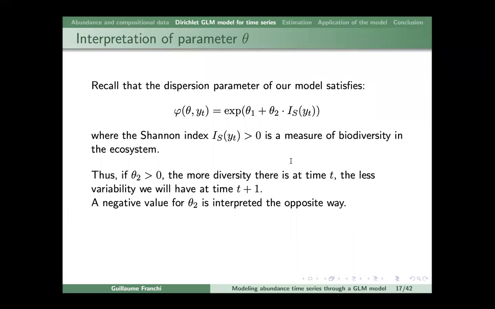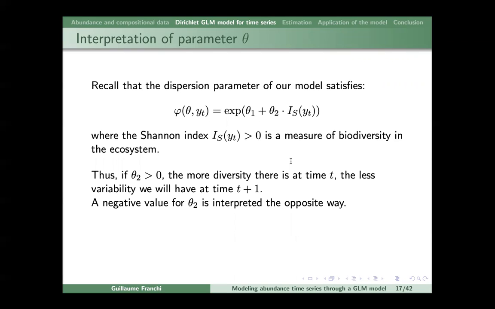Well, in this model, it depends. The volatility is well described with this parameter, I think. I don't know how it works in real life. I would imagine that if there is a lot of biodiversity, the ecosystem is more stable, more balanced. But in the model, it could be the inverse if you have a negative value for θ2.